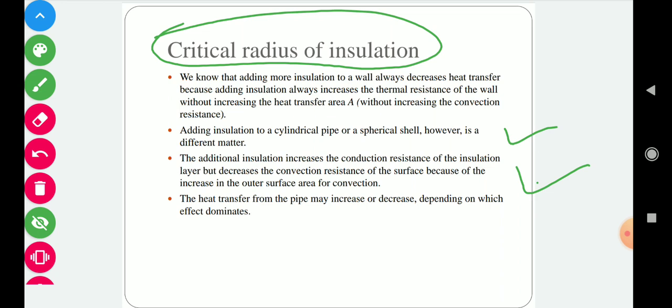So when we apply insulation on an object, the thickness of the insulation must be higher than the critical thickness. Otherwise, instead of decreasing heat transfer rate, the heat transfer rate will actually increase.